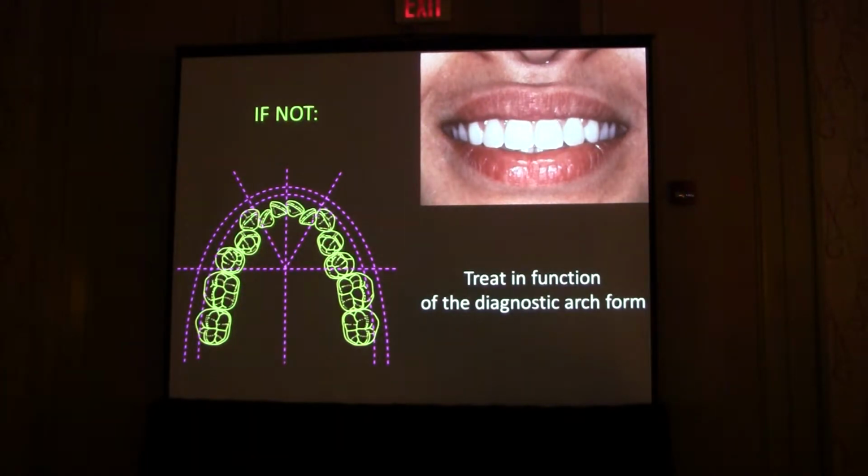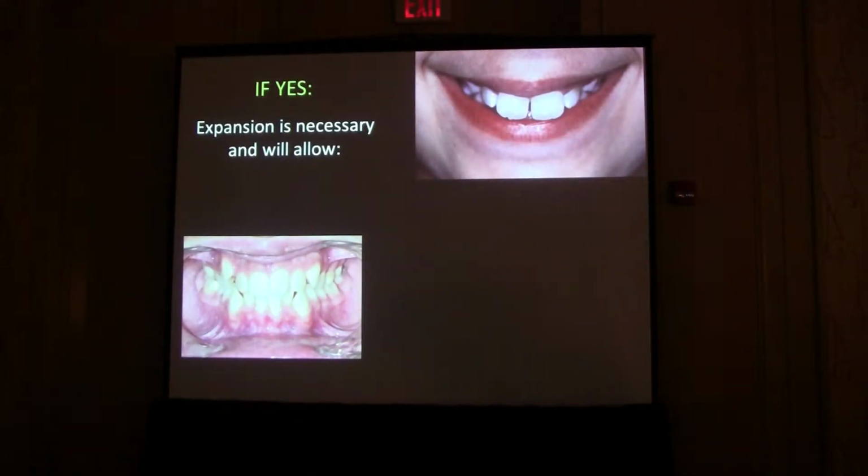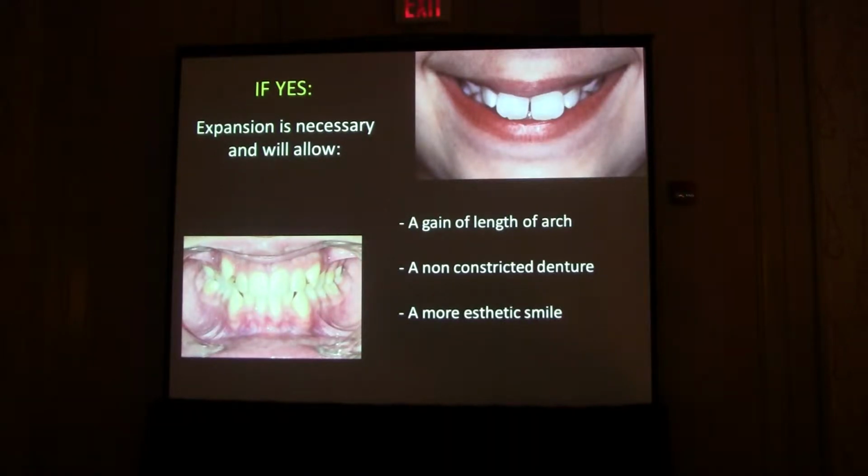In consequence, if an expansion is not possible, we will treat according to the diagnostic arch form. However, if there is room for expansion, we will then be able to gain some arch length in order to obtain a non-constricted denture, which is thus unlocked, in order to make the smile more aesthetic and to help correct functional problems.